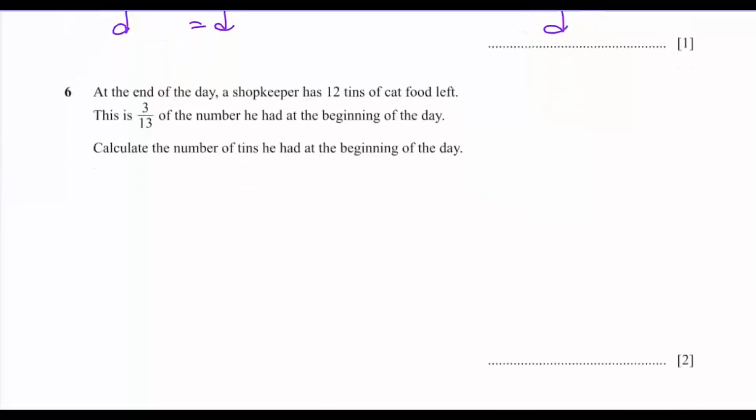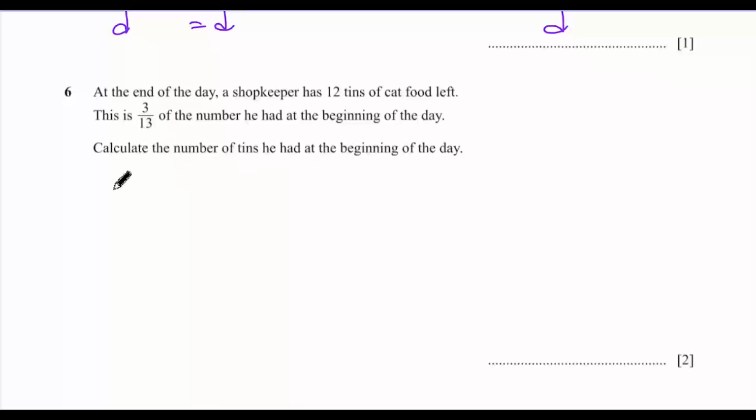Question 6. At the end of the day, a shopkeeper has 12 tins of cat food left. This is 3/13 of the number he had at the beginning of the day. Calculate the number of tins he had at the beginning of the day.